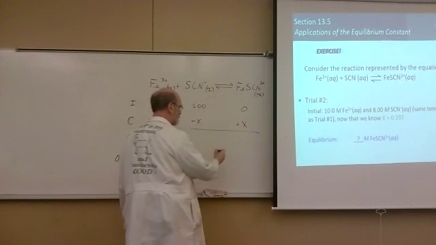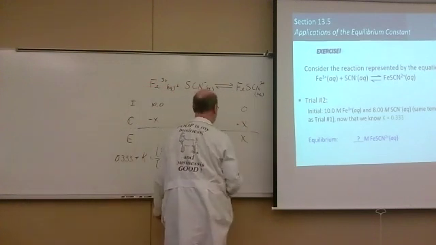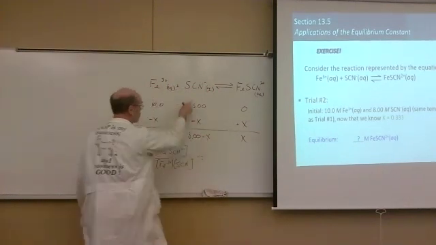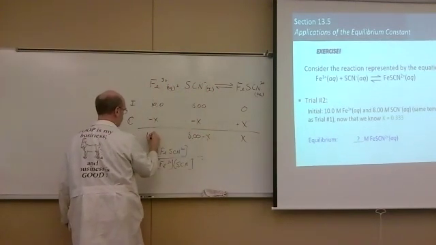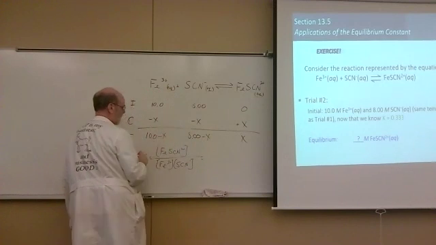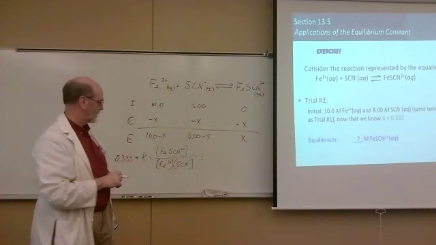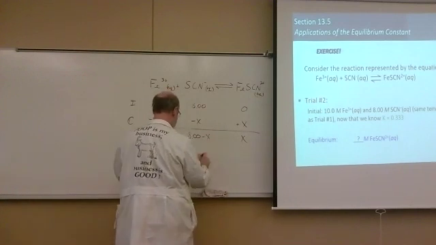Right? So this expression is going to be, X is going to be that one. That's going to be the expression for that one, and that expression for that one. Okay? So then we just plug those numbers in.